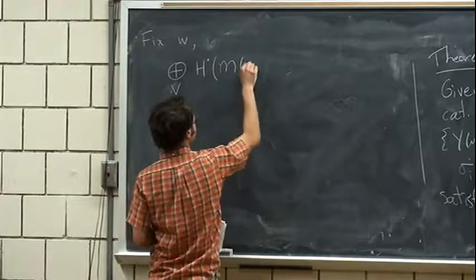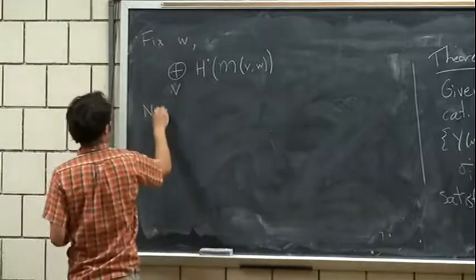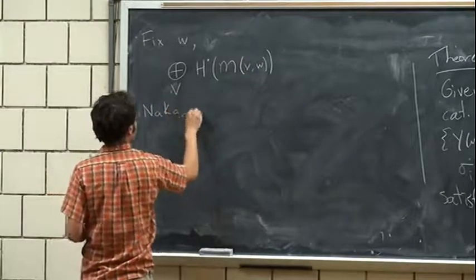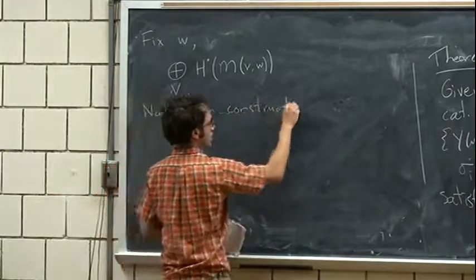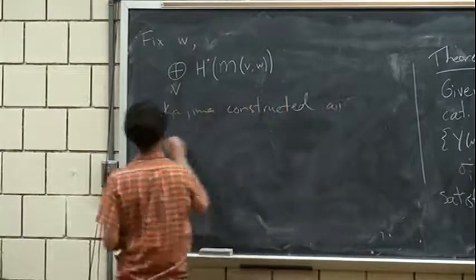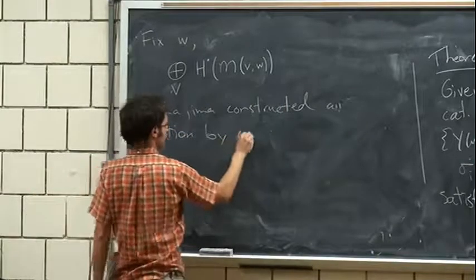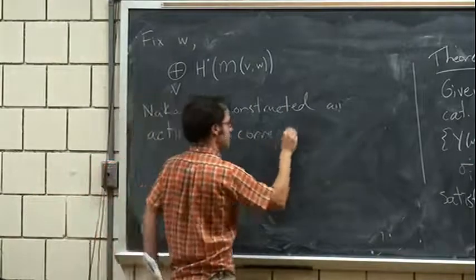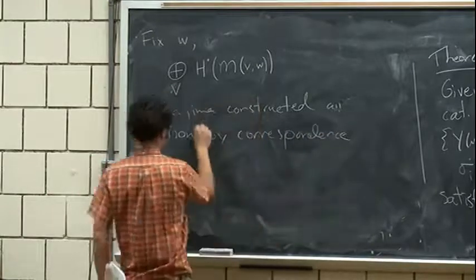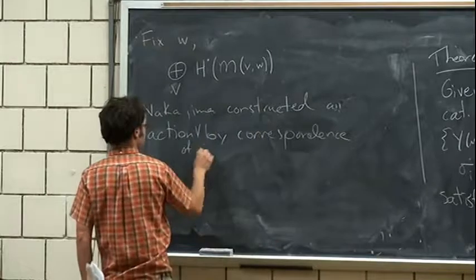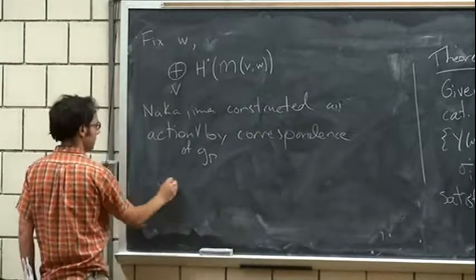So Nakajima constructed an action by correspondences. In other words, the generators of the Lie algebra g_Gamma acted by correspondences on this cohomology.